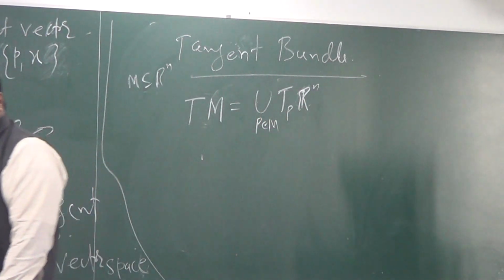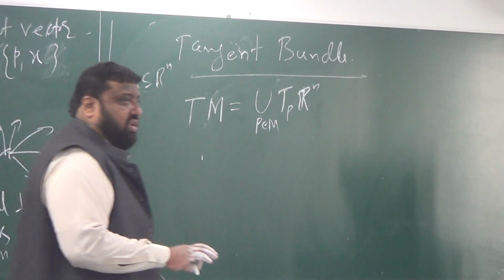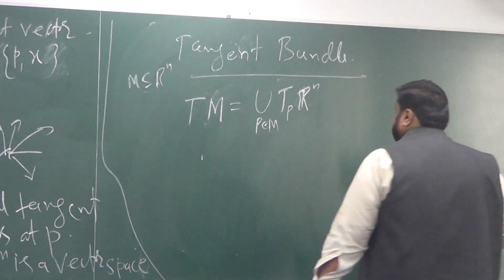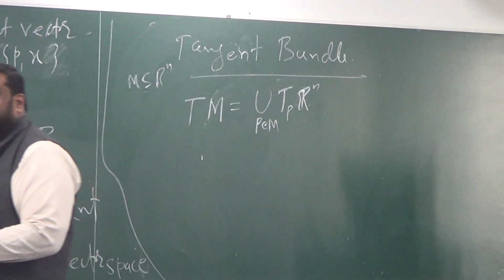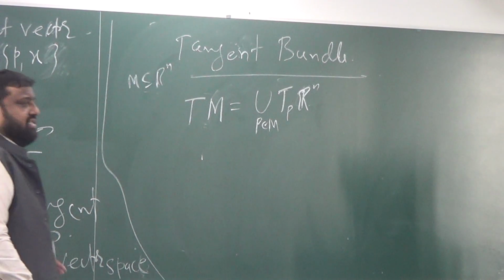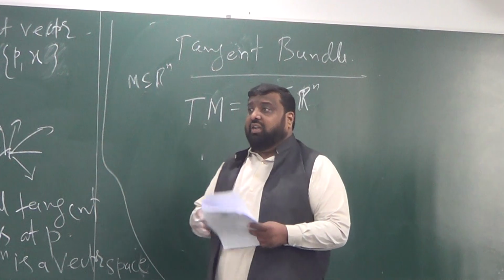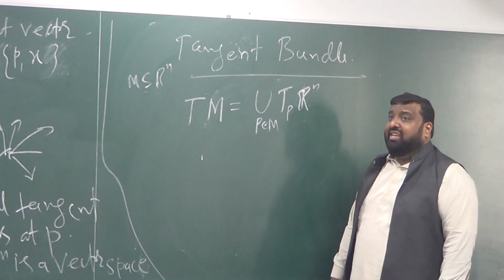So you take all those points which are inside, and take their tangent spaces and put them together, so it will be what you call the tangent bundle. Okay? It's not a vector space. But it has a very good structure. It has some other good structures actually. We're going to see it later. I don't know whether we'll have time to see it, but at least. So what's a tangent bundle? It's simply the union of all those tangent spaces which are inside.